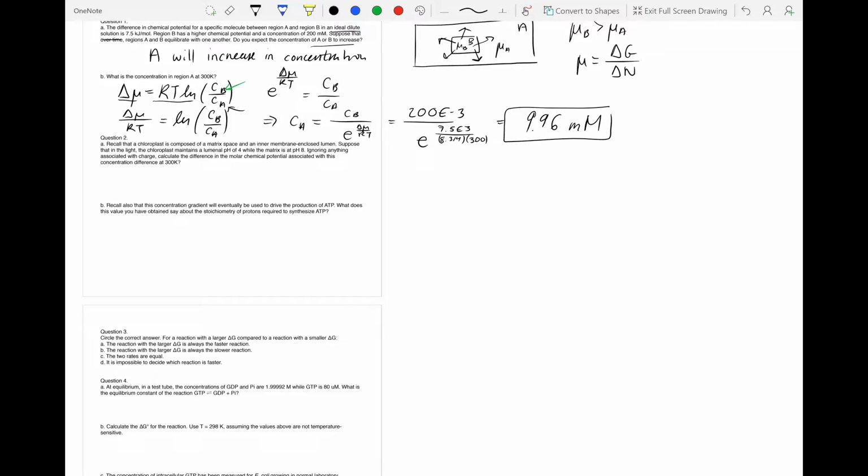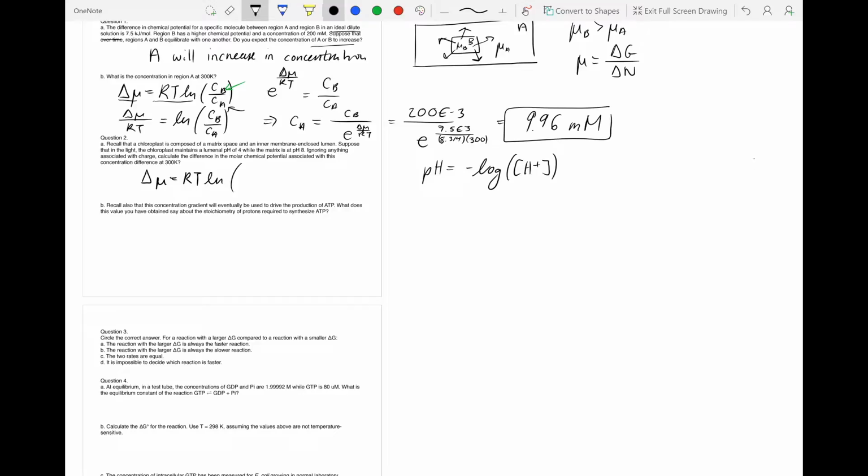So this is just using the same equation as above, where now we're going to be using the pH as our different concentrations, since by definition pH is just the negative log of the ion or proton concentration.